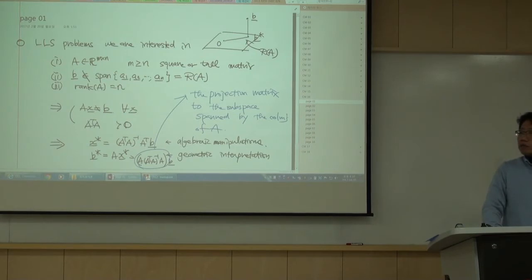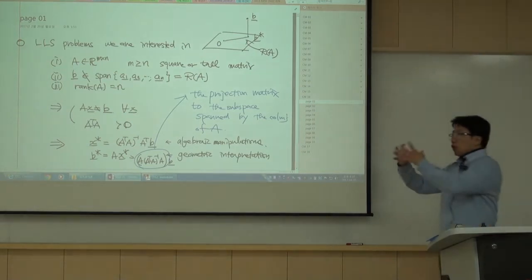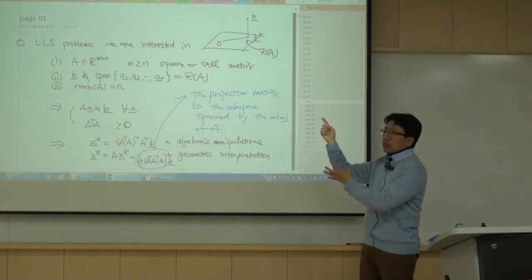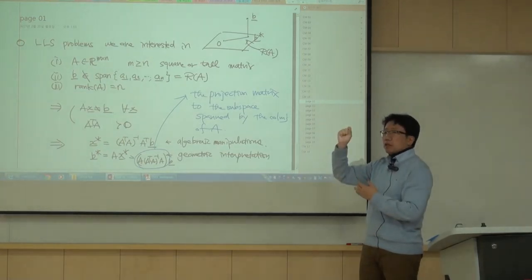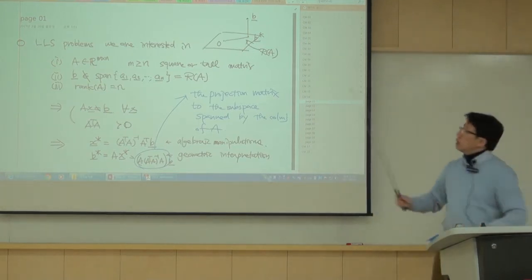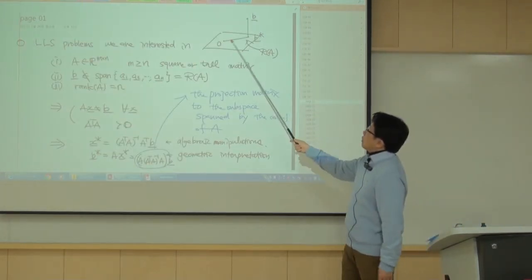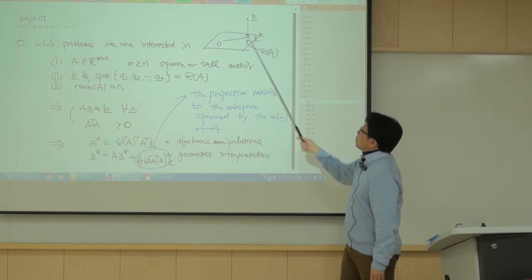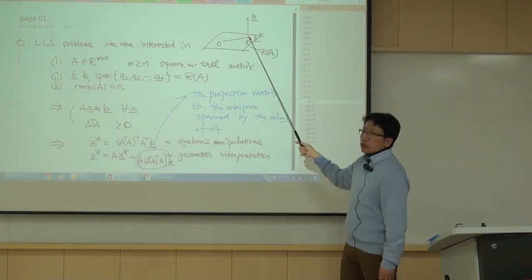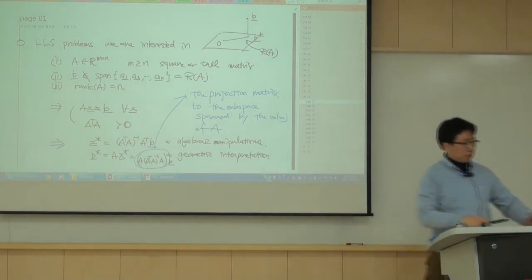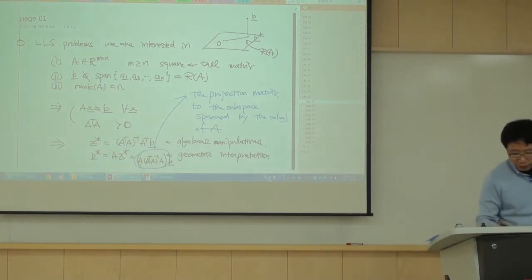And minimum distance means that if you draw a hypersphere with center b, then the distance from the point b to any point here is minimized when your hypersphere touches this subspace. Means that you have orthogonality here.